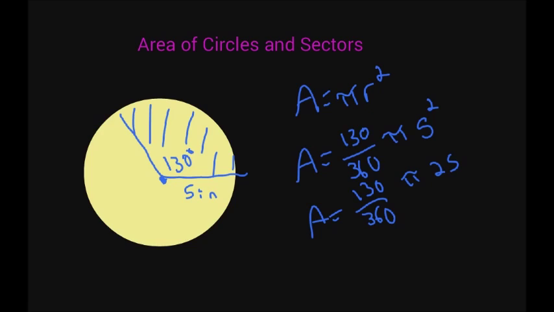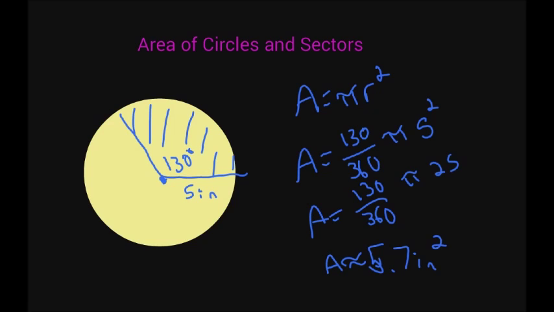And then just type the rest of that in your calculator. So 130 over 360 times 25 times 3.14. And you're going to get an area of about 5 and 7/10 inches squared.